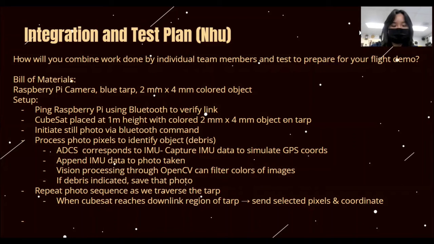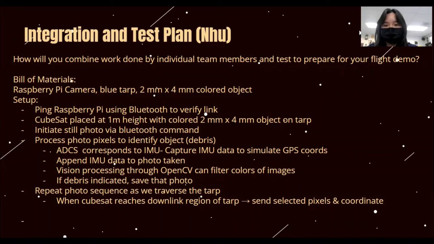And we'd combine the IMU data with the photo that was taken, and the vision processing would be done through OpenCV, which we would use to filter colored images to look for the debris of a distinct color. If there is debris that was identified, we'd save that photo.